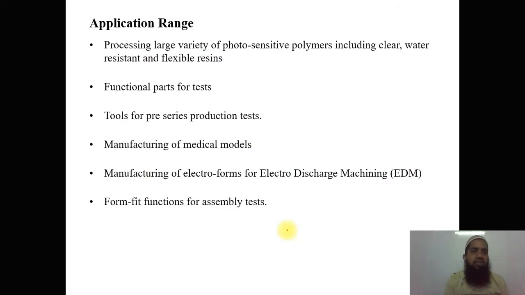What is the application range of stereolithography? The first application you will find over here is processing a large variety of photosensitive polymers, including clear, water resistant and flexible resins.